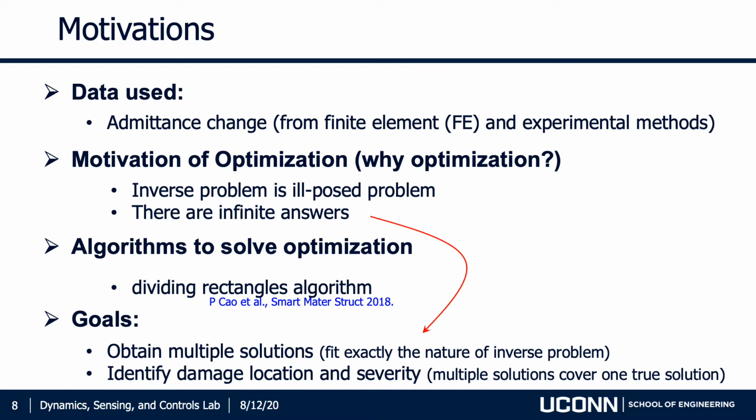So we convert it into an optimization problem and use the dividing rectangles algorithm to solve it. The goal we want to achieve is to obtain multiple solutions, and based on engineering judgment, to select one true solution that identifies the damage location and severity.